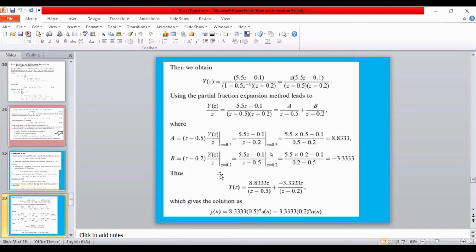Okay, there are actually two things. One is a historic reason. When people did not have computers, solving differential equations or difference equations by hand was a very tedious task. It wouldn't be very tedious for the first order system like we have in this example.